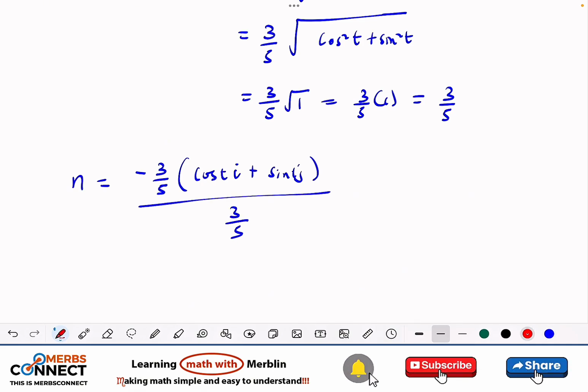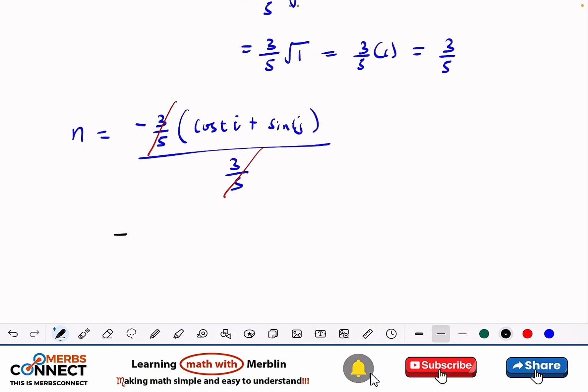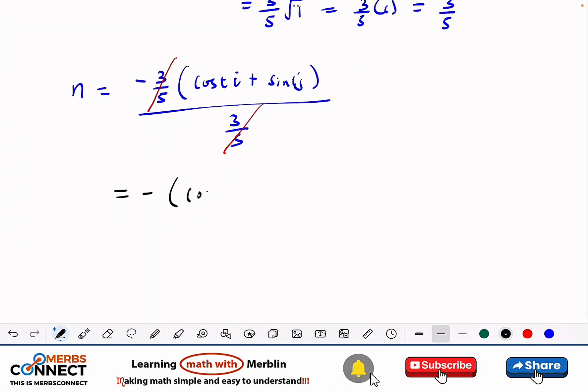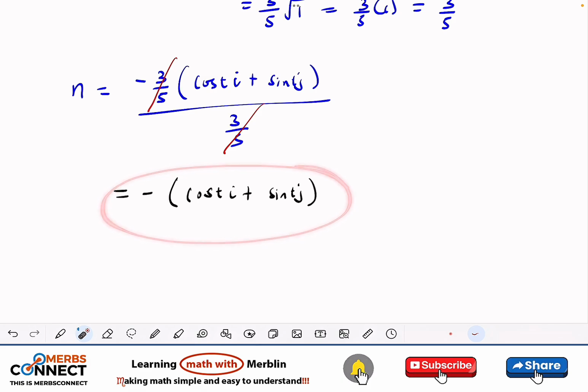So we can see that this 3 over 5 and this 5 over 3 cancel out, and we are going to have it to be minus. When I multiply through the minus, if I maintain it, let's say, minus cos t i plus sine t j. So this is what I'm going to get at the end of the day with this one.